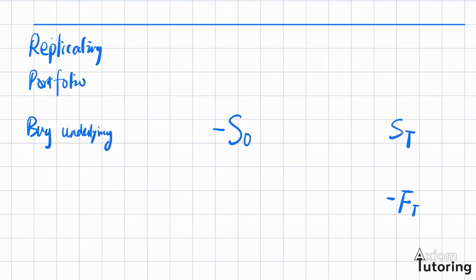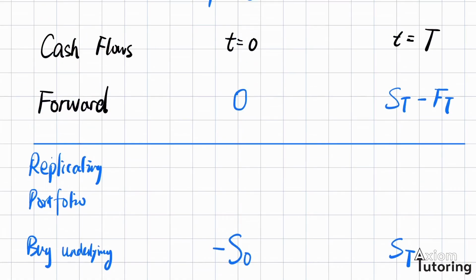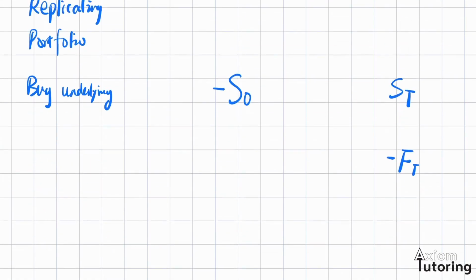What can cause a cash outflow of F_T, or some amount in the future? That is going to be a bond. So why don't we borrow something, and this is going to be our repayment for that bond. We're going to borrow a zero coupon bond, because nothing happens between 0 and time T here.